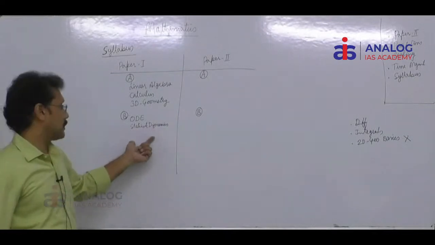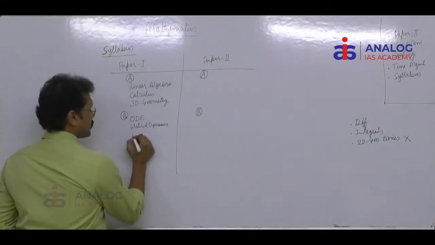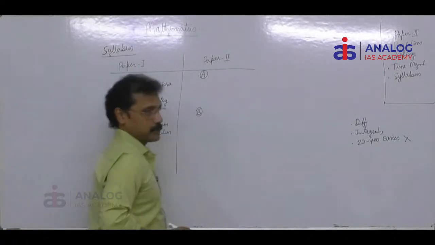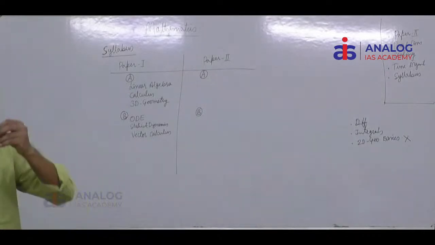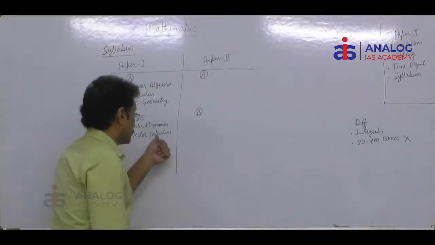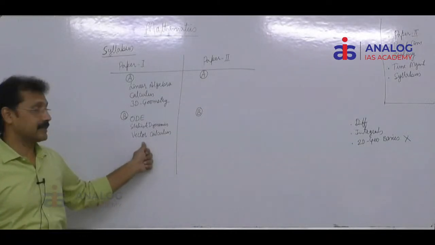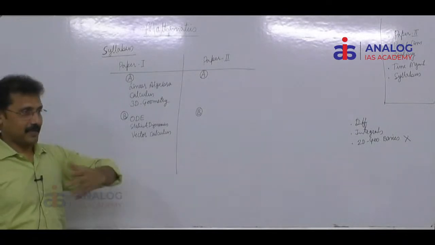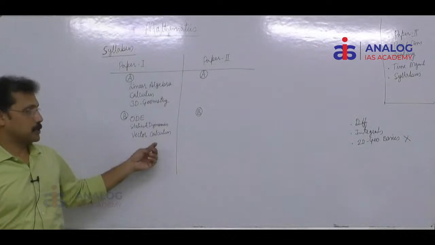Similarly, we have another thing in paper 2 as well. And the other one is vector calculus. So vector calculus, it's calculus. Maybe at +2 level you would have learned vector algebra. Remember vectors, and then the dot product of vectors, the cross product of vectors.